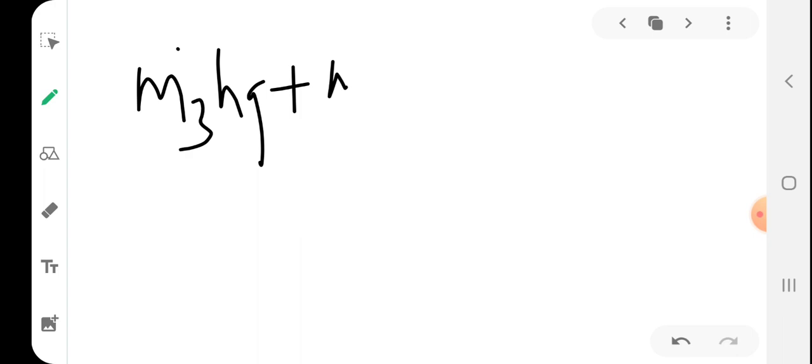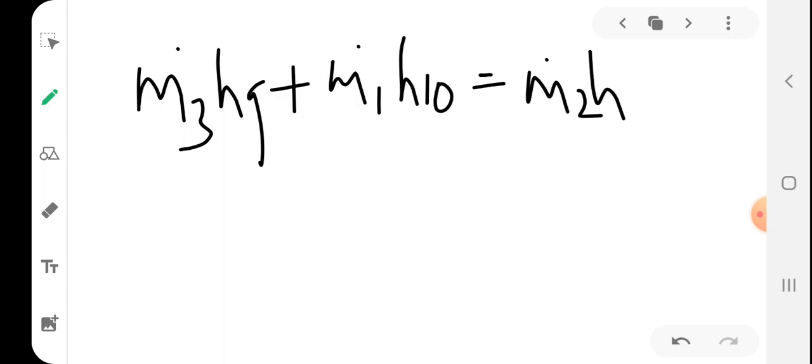So you can write that the total leaving enthalpy, m3 dot h9 plus m1 dot h10, equals the entering enthalpy, m2 dot h8 actually, it is h8 only, right? H8.